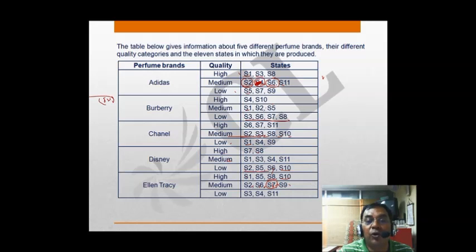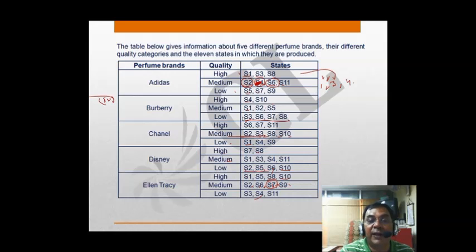Now low, not here, low here. S3 done. 4: high there, medium there, low, low. The 4 also comes. The 1, 3, 4 come.